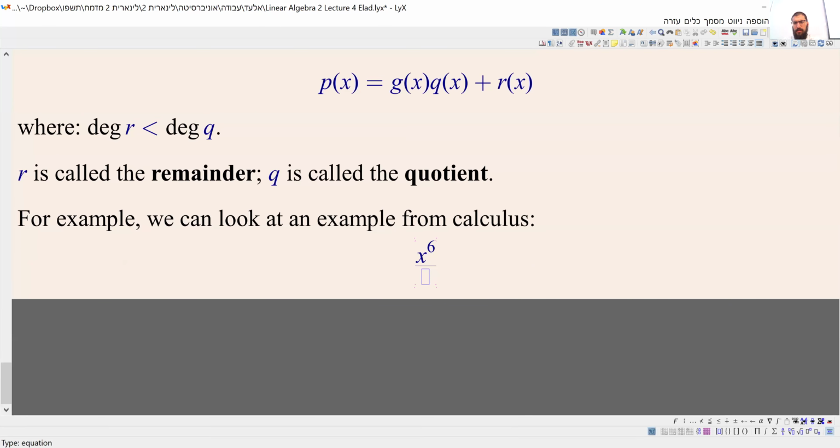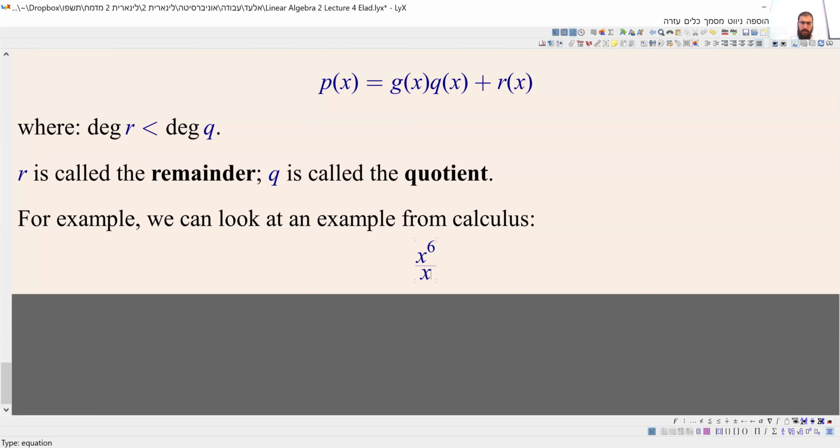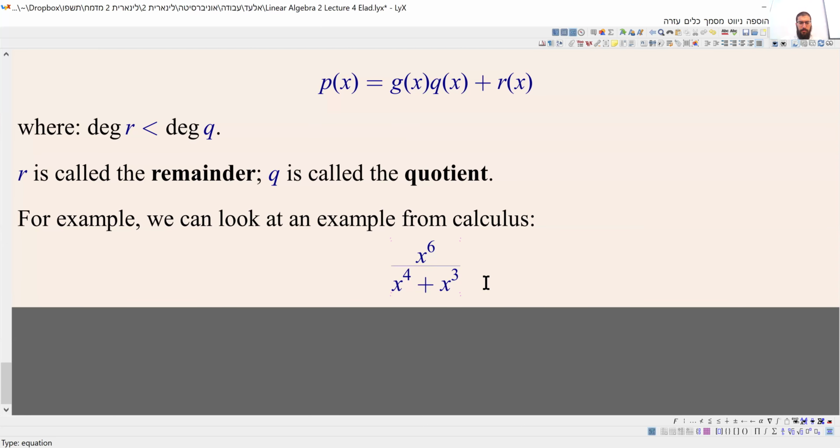So we did x to the power of 6 on one hand, and as far as I can see, x^4 plus x^3 minus 2x^2 plus 6.